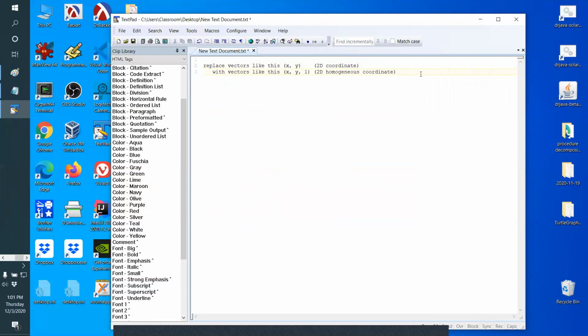Eventually we're going to do this first in 2D, but we'll also do it in 3D. So we'll replace vectors like x, y, z, which is a 3D coordinate, with x, y, z, 1, which is a 3D homogeneous coordinate.